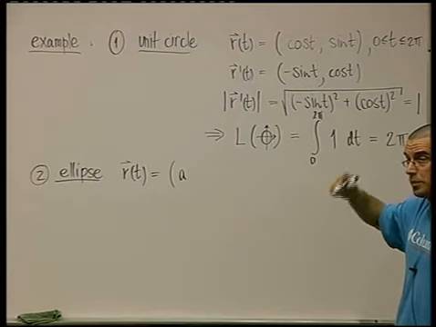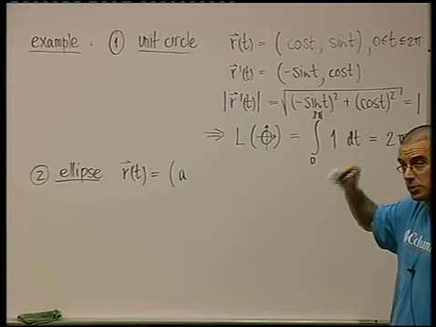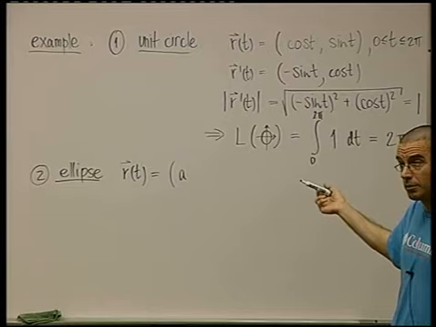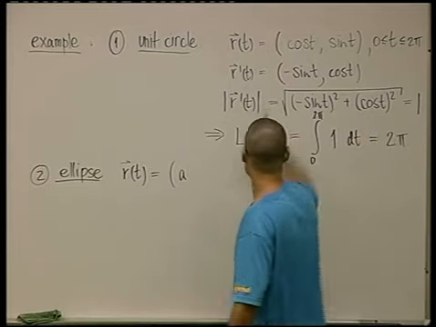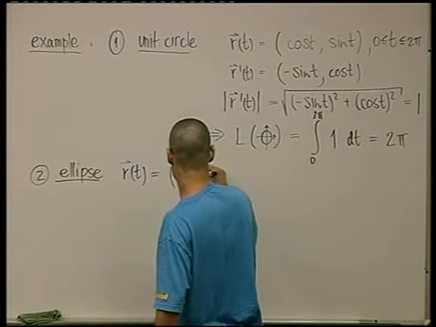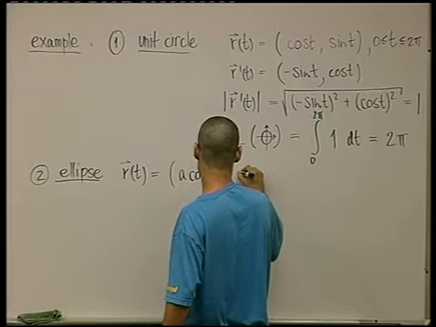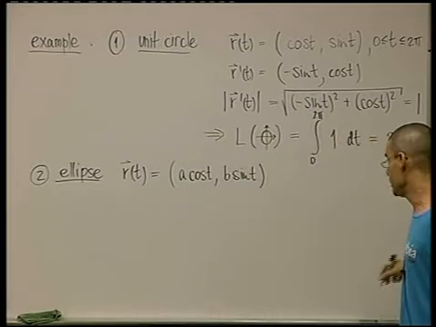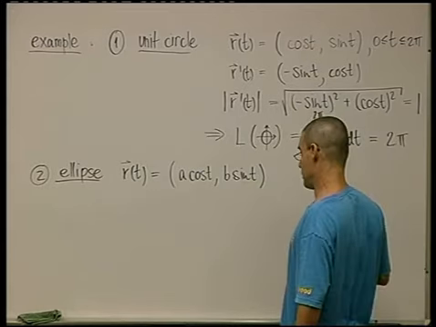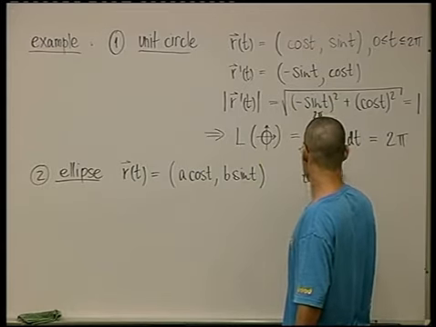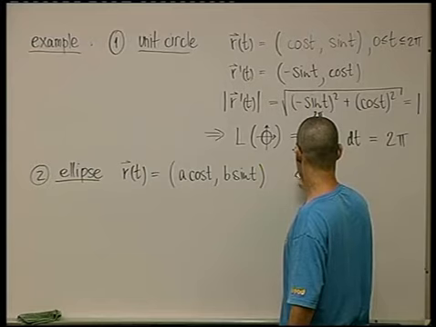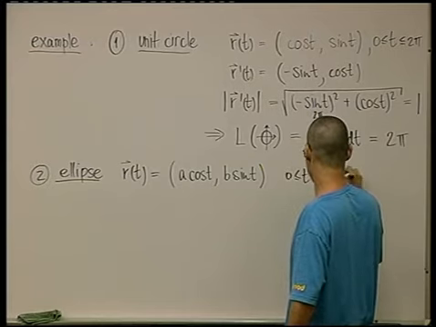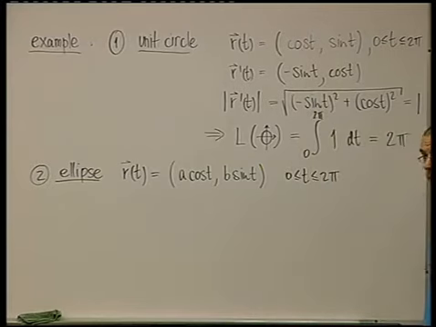An ellipse is of the form x squared over a squared plus y squared over b squared equals 1. So the a and the b just show up as coefficients here. So this is a parameterization of an ellipse. Have you encountered this? Good. And again, t is going to range from 0 to 2 pi.